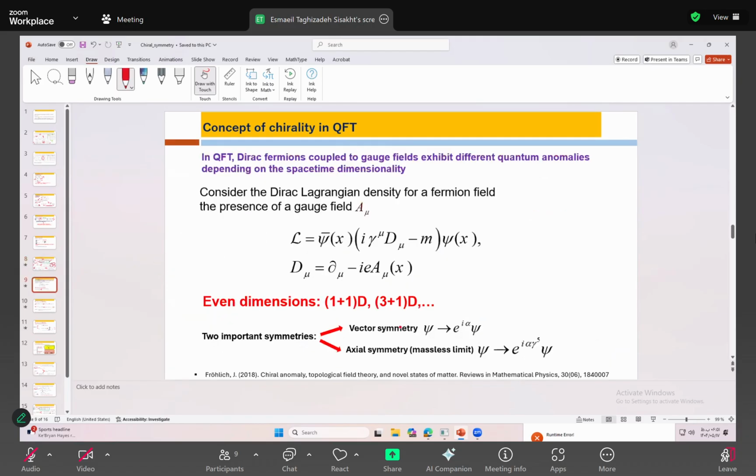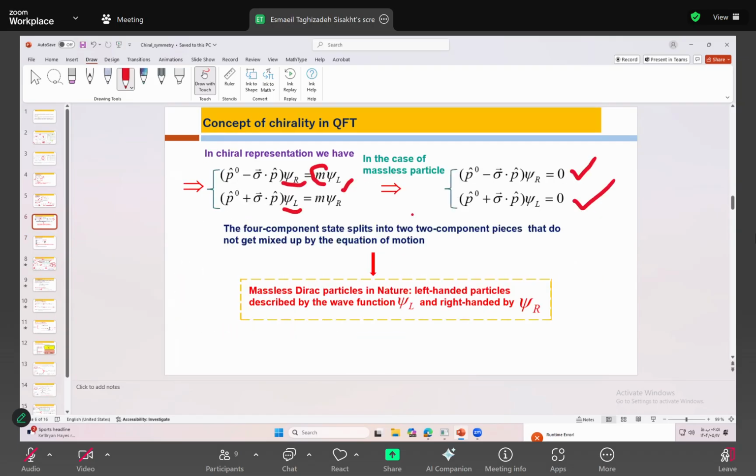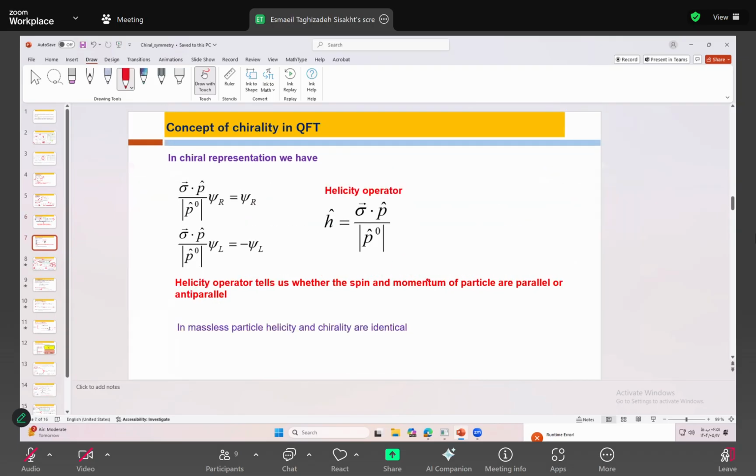Another important thing in this equation that I showed here is that we may rewrite it in this way, and in this way.